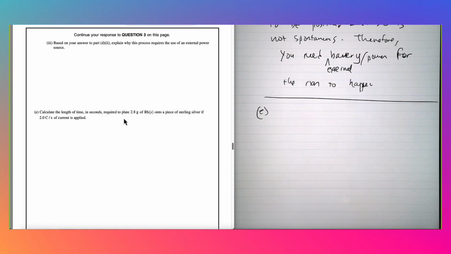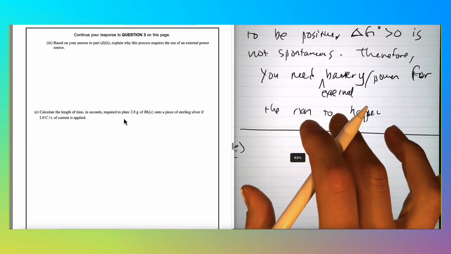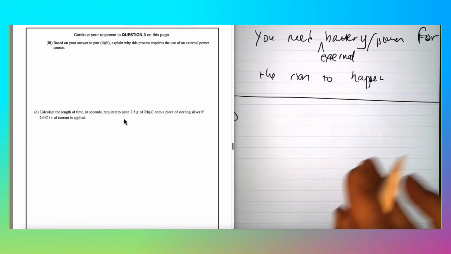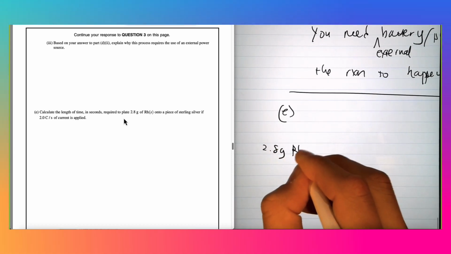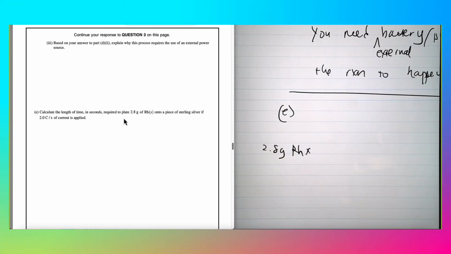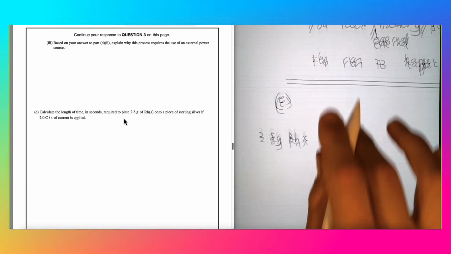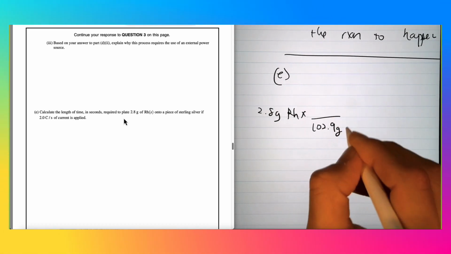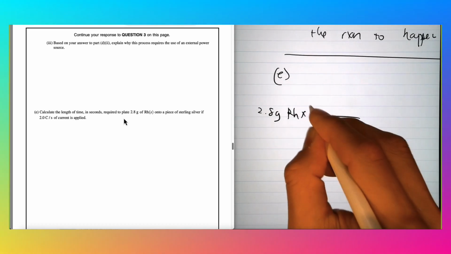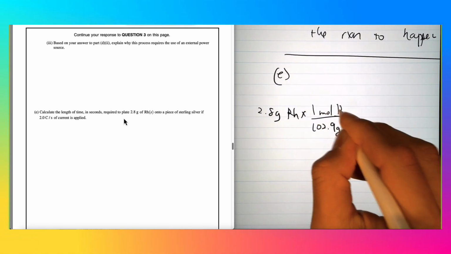So start with the 2.8 grams of rhodium. Now you have to go look up the rhodium molar mass. It should be 102.9 gram of rhodium for 1 mole of rhodium.